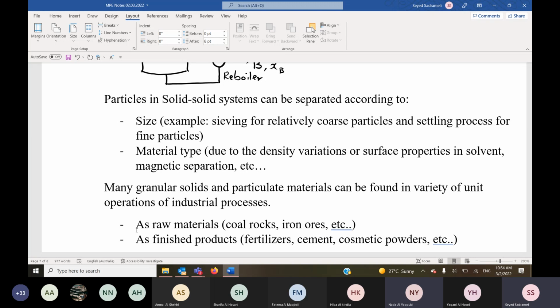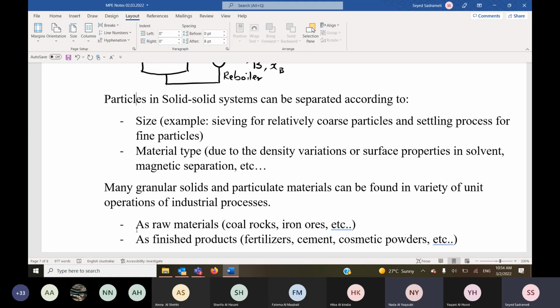Some materials in the mixture have different densities, so from the density variations you can separate them, or by surface properties in solvent, magnetic separation, etc. So these are the types of solid-solid handling for separation of solids from each other.